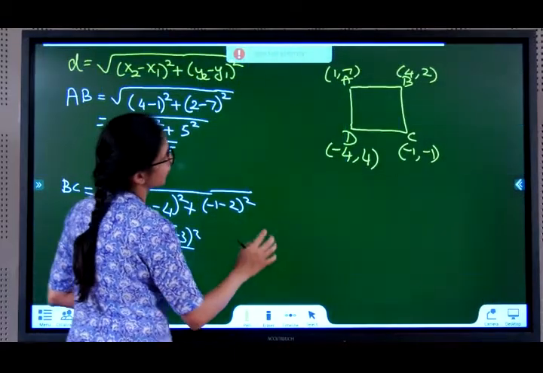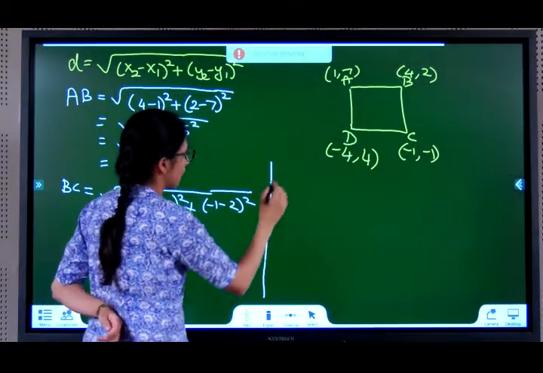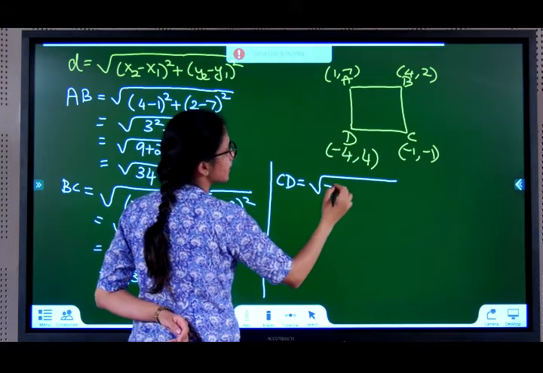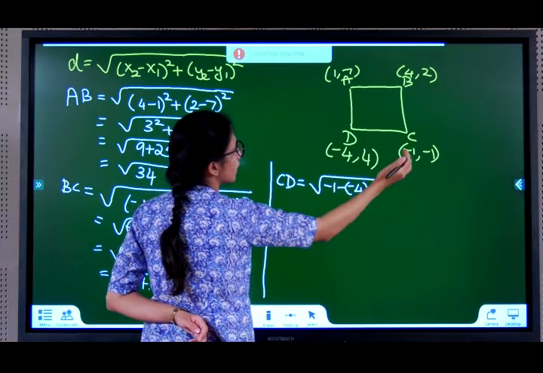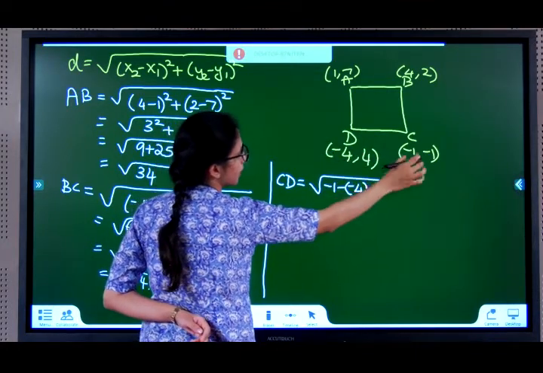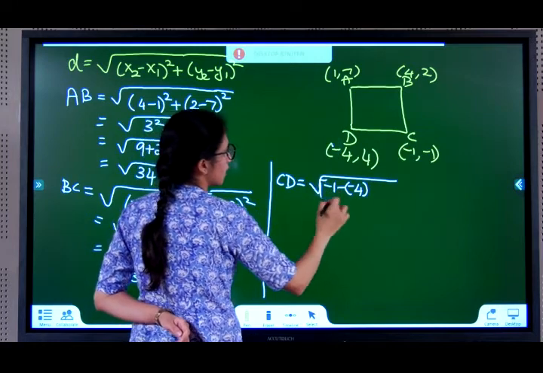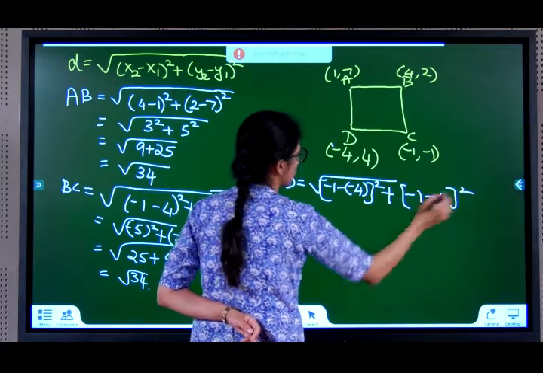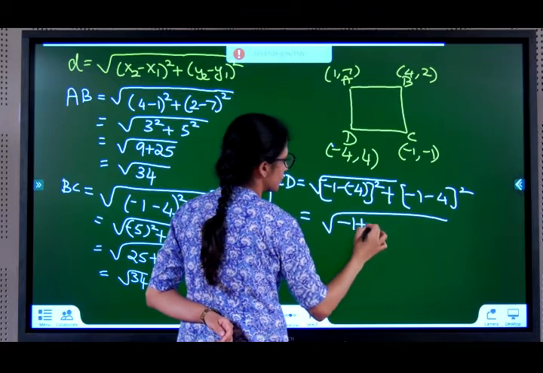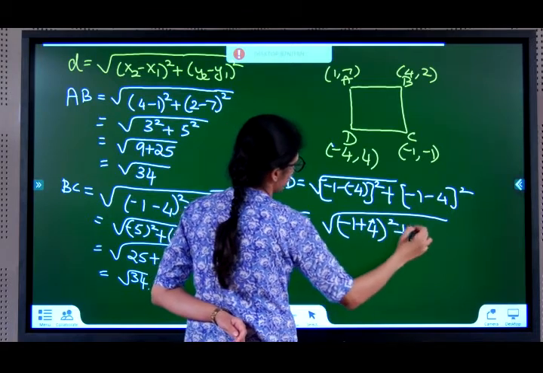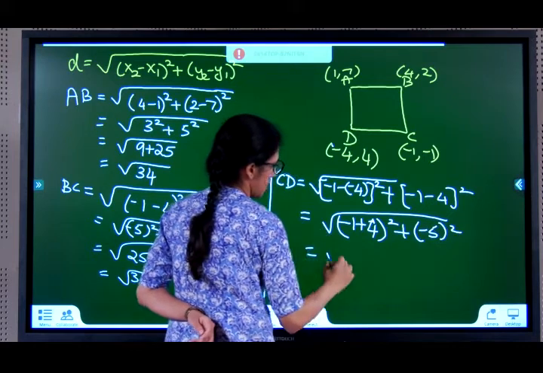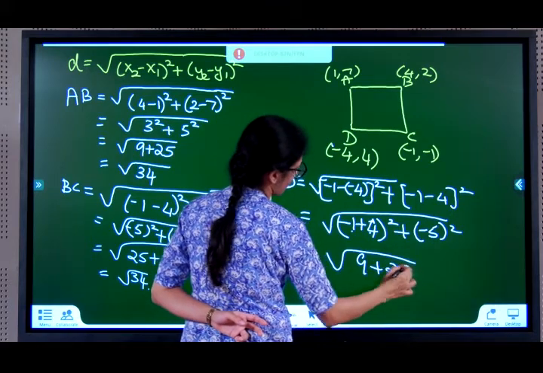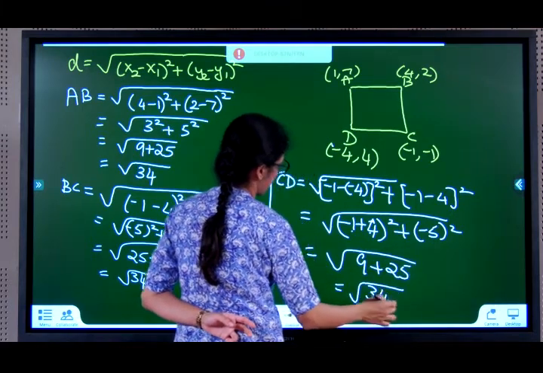Next side, AB over, BC over. Now we come to CD. So CD is equal to root of (-1 minus (-4)) square. See, I am taking this as x1, y1, x2, y2. Root of (-1 plus 4) square plus (-5) square. 3 square, 9. 5 square, 25. Root 34.